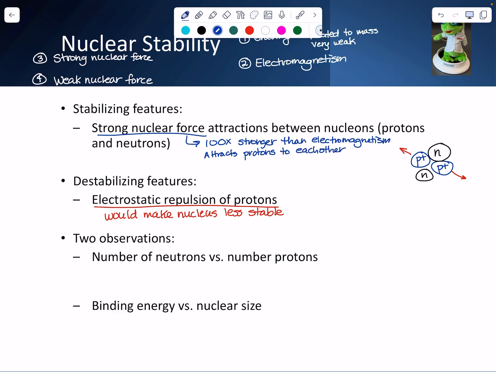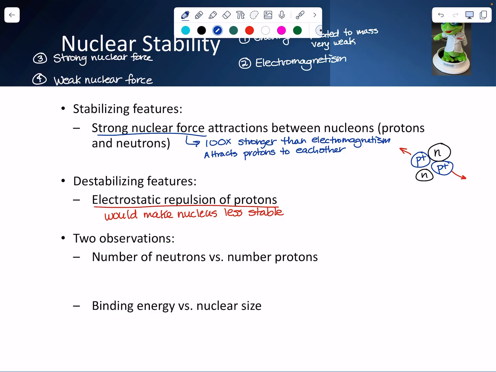So that's great. If that's the only thing going on, why do we have things like radioactivity and unstable nuclei? If the strong nuclear force is so strong, why would we ever have an unstable nucleus? The catch is that the strong nuclear force requires contact between the particles that it's attracting.